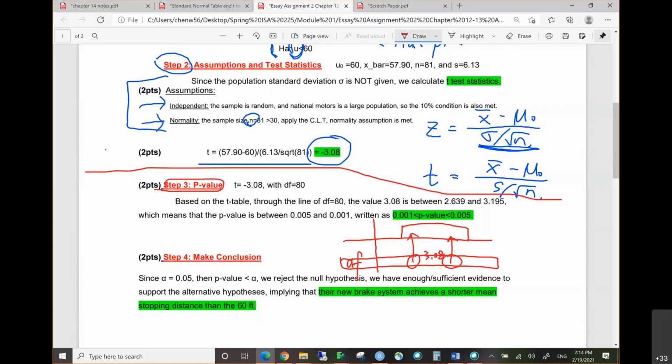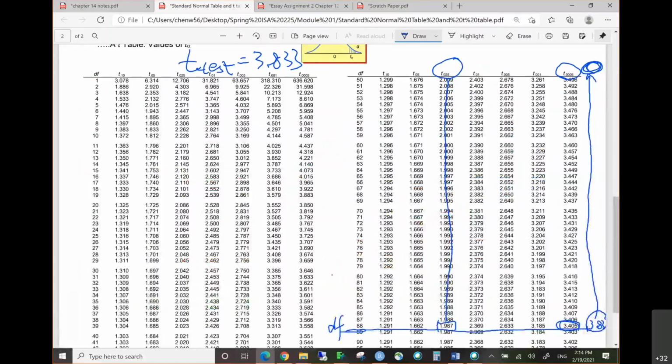All right. So since this is a one sample test, degree of freedom is just n minus 1, right? So you have 81 minus 1, degree of freedom 80. You have the t-test statistics 3.08 that you check in the t-table. So you just focus on the 80 line, right? 3.08 is between these two.